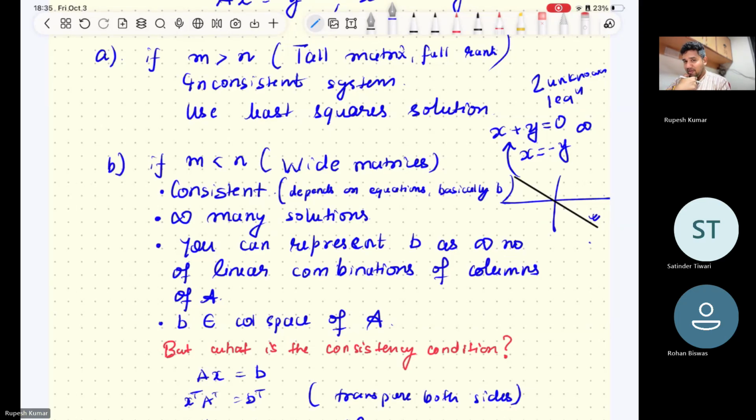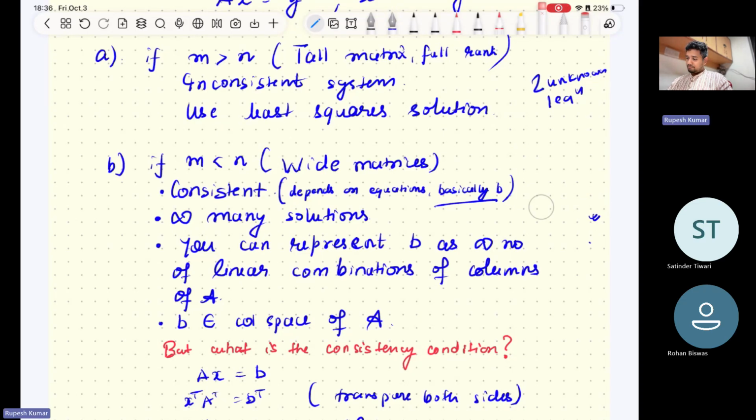Fine, this is very straightforward. If you have a wide matrix, where the number of unknowns is greater than the number of equations, you will get infinitely many solutions. Whether you get an infinite number of solutions or not depends on the value on the right hand side.